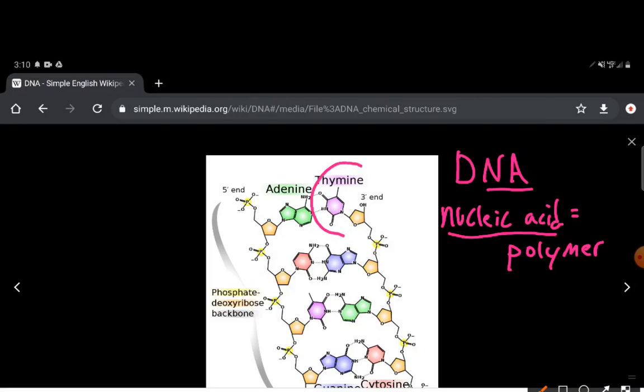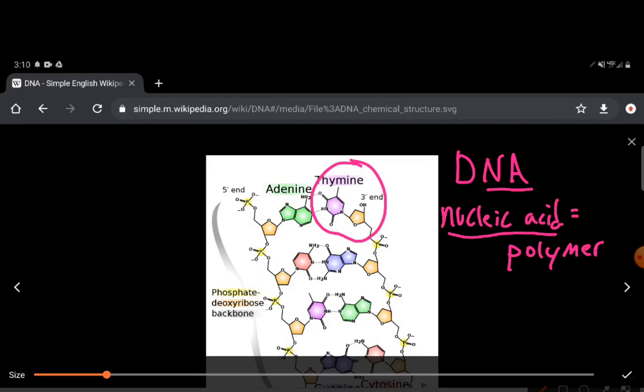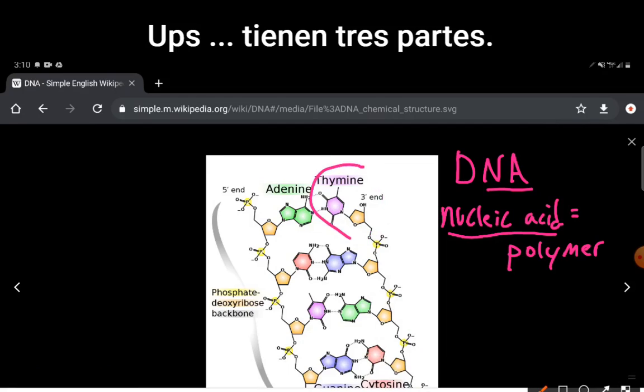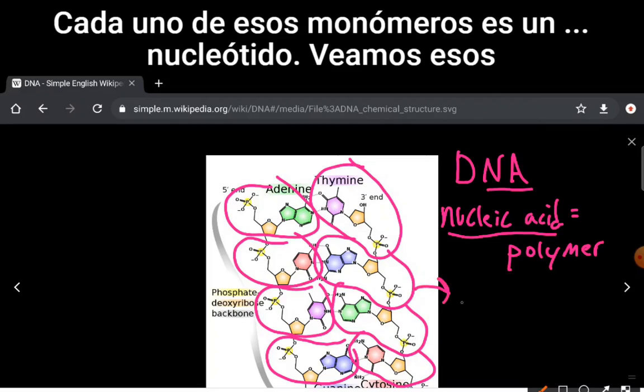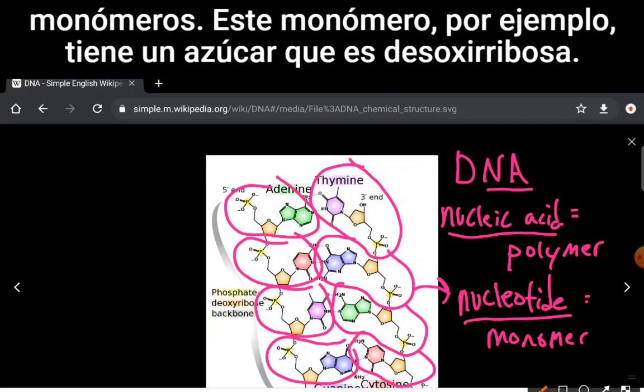The monomers have 3 parts to them. Each of those monomers is a nucleotide. Let's look at those monomers.